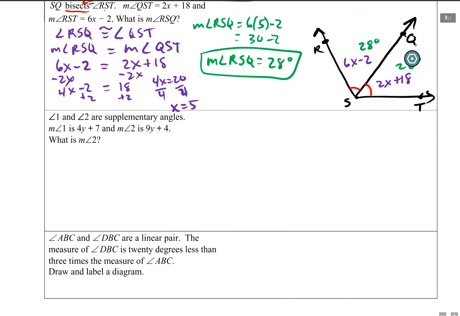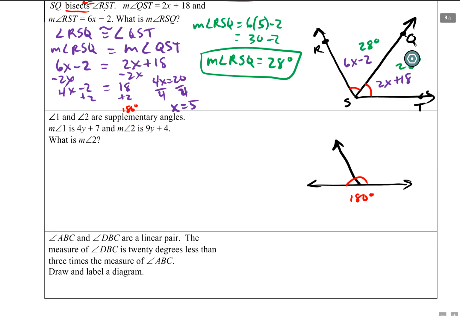All right. Angle 1 and angle 2 are supplementary angles. What do we know about supplementary angles? What does that mean to us? 180 degrees. So I am going to draw supplementary angles. You can go right or left, and supplementary means that right there.